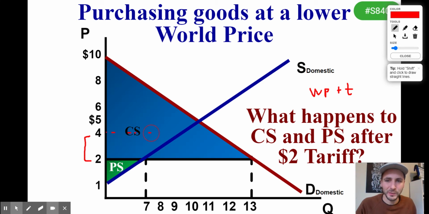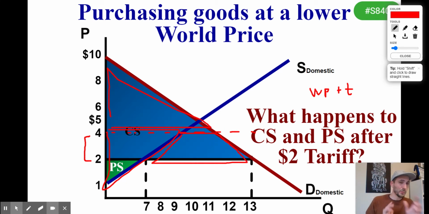I'll show you here too as well. This is going to be my new operating world price plus tariff. It will change my producer surplus to be a larger triangle. My consumer surplus will be smaller. And then this little trapezoid down here is going to be a fun little government revenue deadweight loss double triangle thing. I'll show you that in a second.